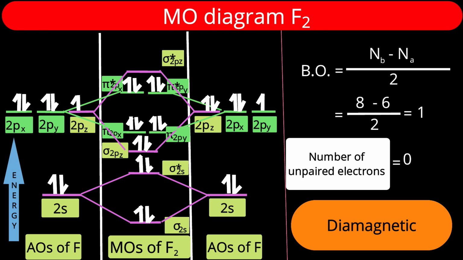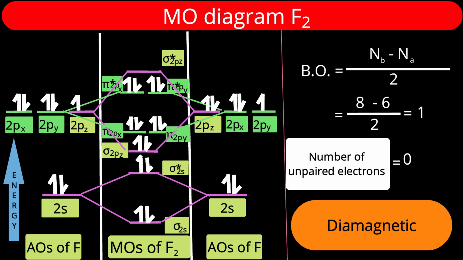Sigma. Why? Because if I rotate that 2s orbital around the internuclear z-axis, there will be no change in the phase, so it is symmetric about the internuclear z-axis, or cylindrical axis, principal axis. Therefore, symmetry is sigma.